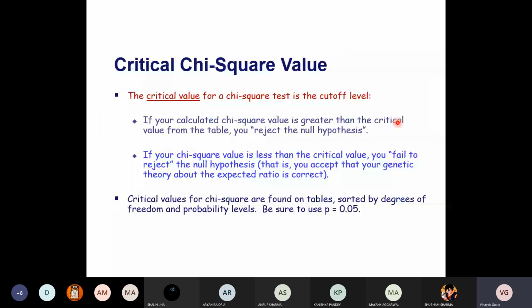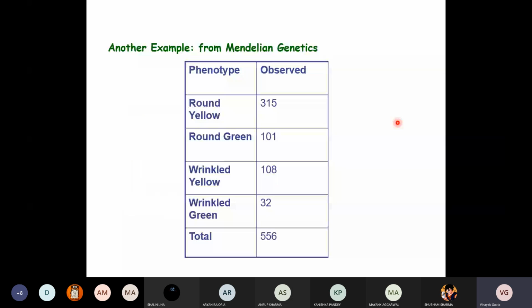So here, this is the explanation of the question which we have discussed. We are moving to the next problem now. You people should be able to tell what is the chi-square value, and then we will go to the table again. We will check whether the chi-square value is less than the critical value or not.